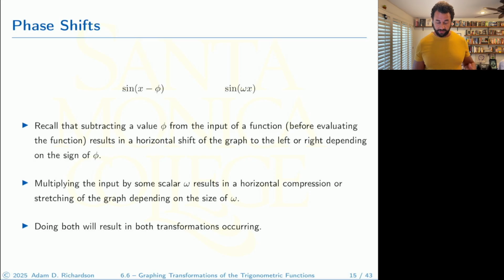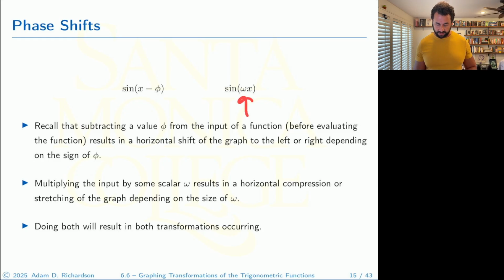Okay, so if you remember, subtracting a value from the input of a function before you evaluate the function gives you a horizontal shift, right? It's shifting the graph to the left or the right, depending on the sign, plus or minus, of this number phi right here. That's the Greek letter phi.